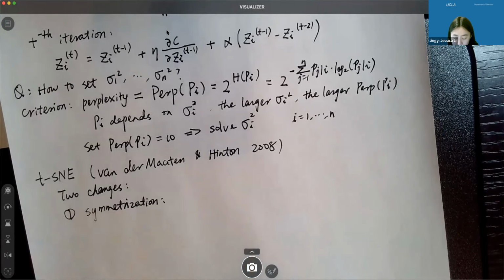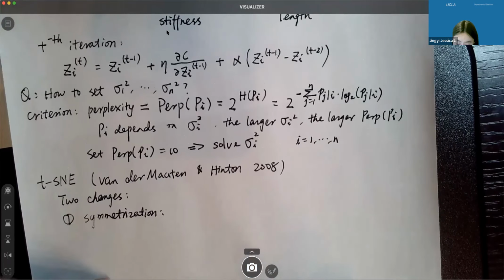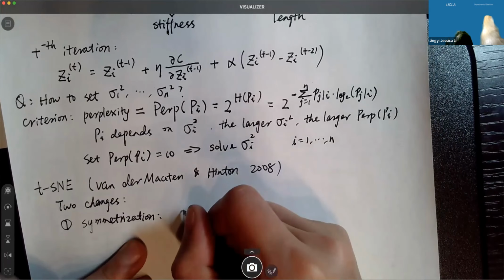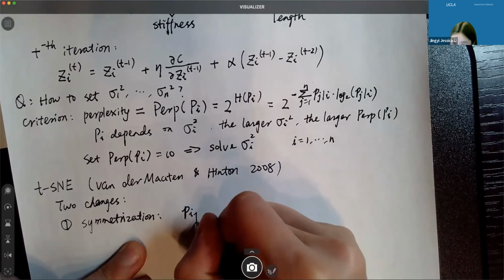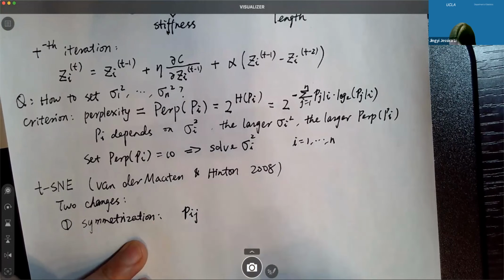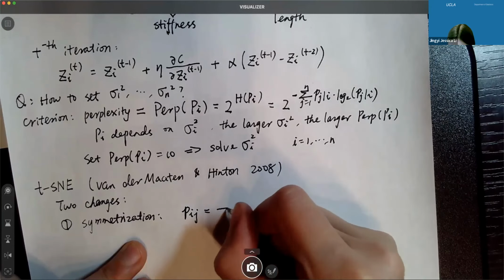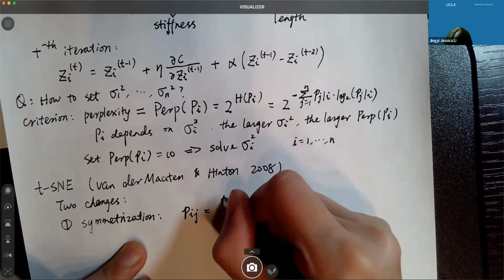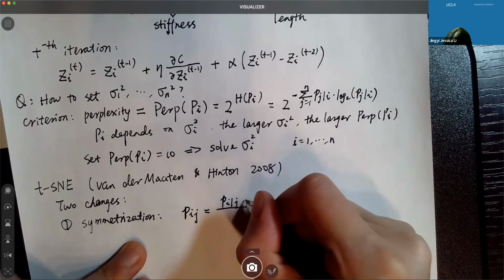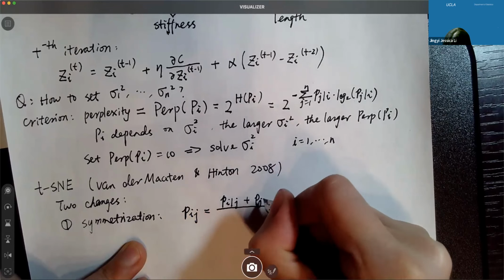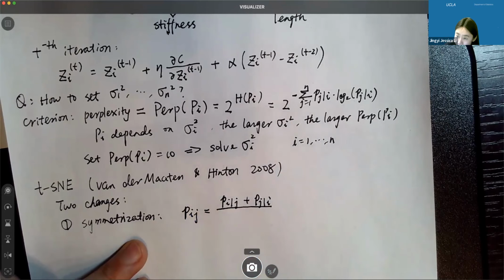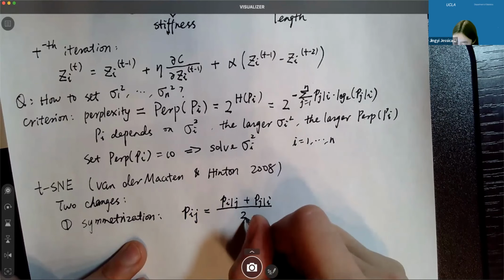So in this case, what they did is that they would like to define Pij in the high dimensional space by averaging Pi given j and Pj given i. By averaging, we're going to divide them by 2.